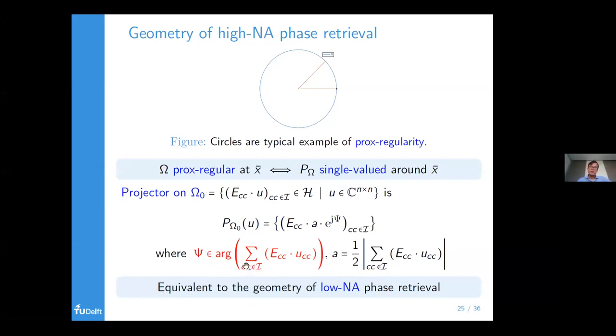So if the term inside the brackets is non-zero everywhere, then the phase is uniquely determined. That means that the projector is single-valued, which means we have regularity. This assumption, that this term is non-zero, is a natural assumption of the phase retrieval problem. And we have similar results for intensity constraints and amplitude constraints.